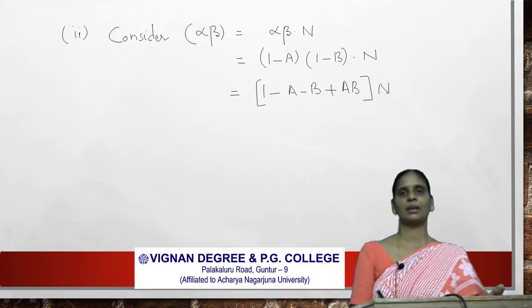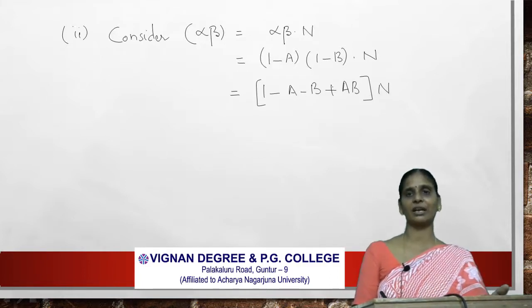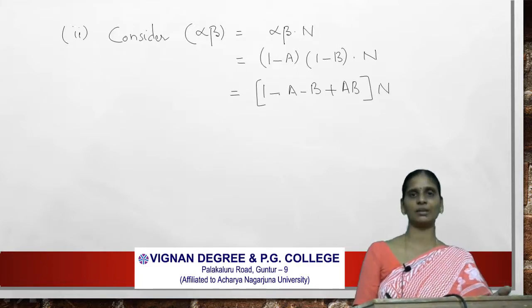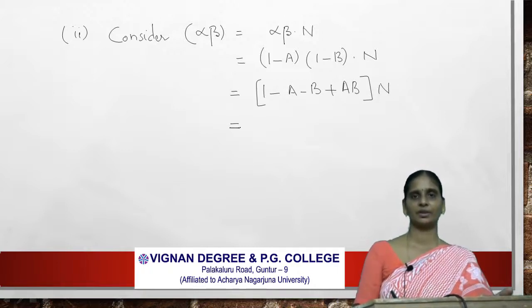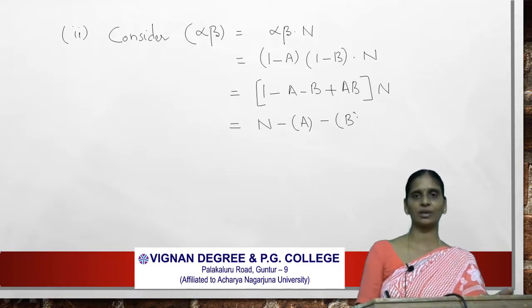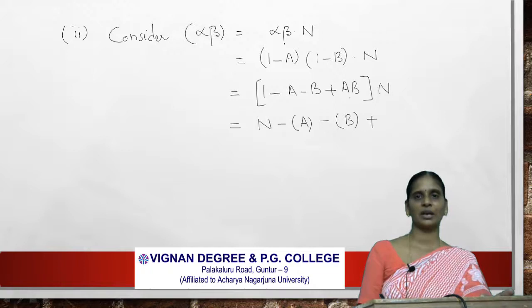And next, multiply each and every attribute with n. So we get 1 into n is n, minus a into n is frequency of a, minus b into n is frequency of b, plus ab into n can be written as frequency of ab.